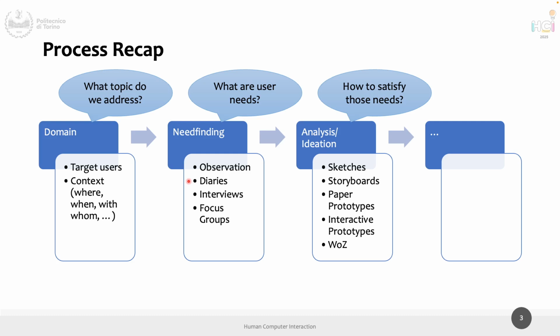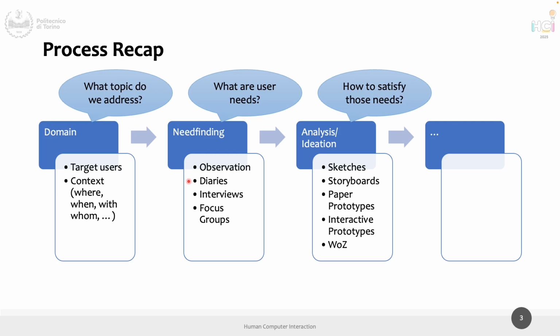And then we covered last time something about analysis and synthesis, and we talked about sketches and storyboards as two ways to express how to satisfy this need in some way that is mostly communicative.